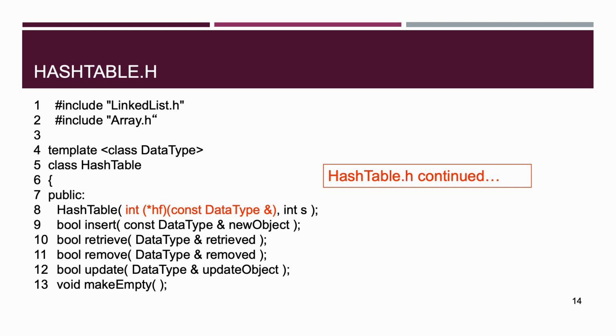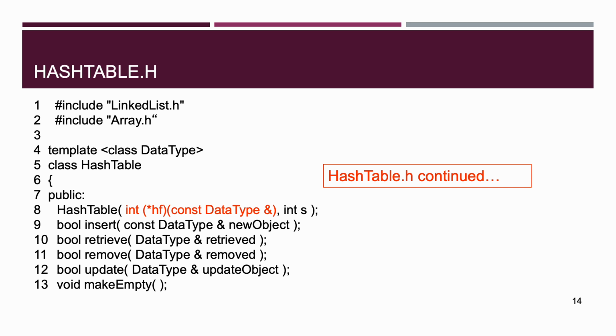Then the class is templated with class data type, making it flexible to work with different data types. Then in the public section, we have the constructor hash table with int hf, const data type, and int s. This constructor takes two parameters.